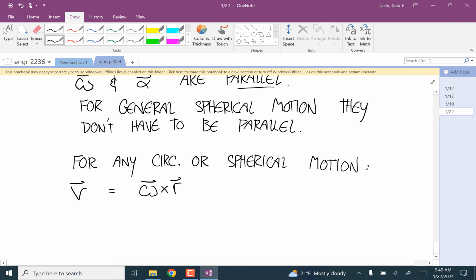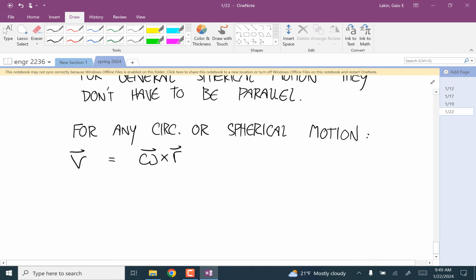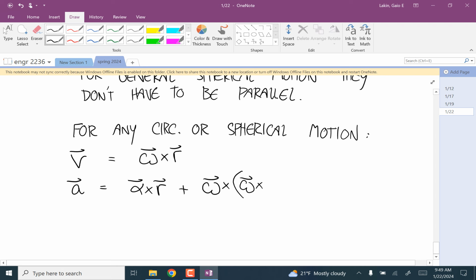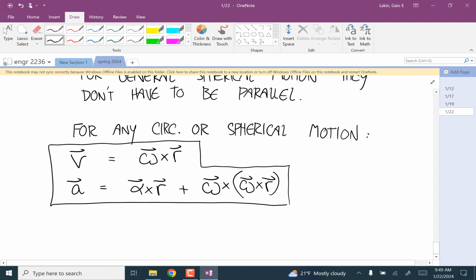I'll define this r carefully in a second. And the acceleration vector is equal to alpha cross r plus omega cross the quantity omega cross r, where r is the vector from the center to the object.